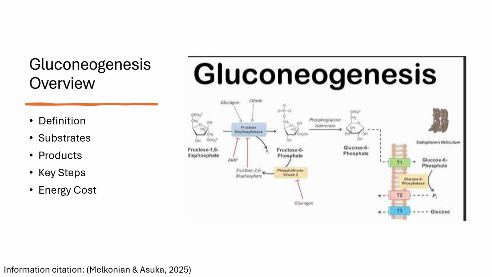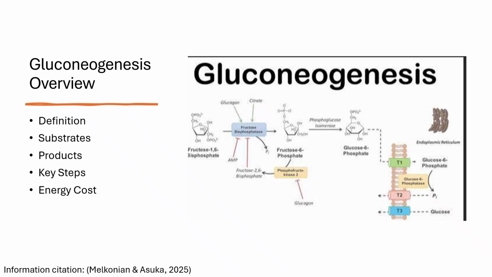In step 5, the enzyme phosphoglycerate kinase catalyzes the reaction that uses 3-PG to create 1,3-bisphosphoglycerate. This step uses ATP. In step 6, the enzyme G3P dehydrogenase catalyzes the reaction that creates glyceraldehyde 3-phosphate from 1,3-BPG.